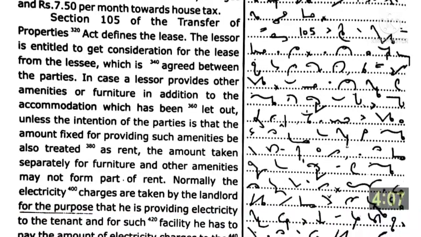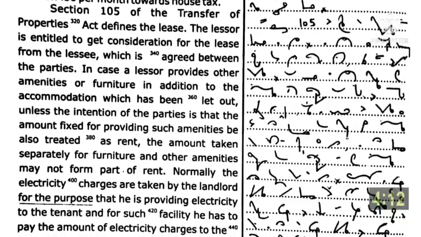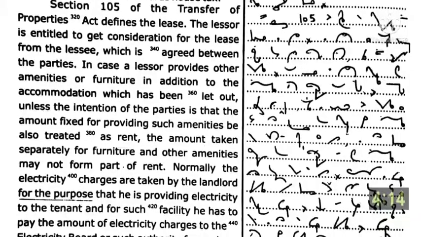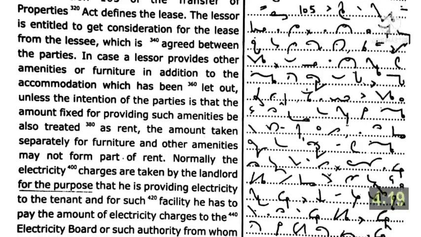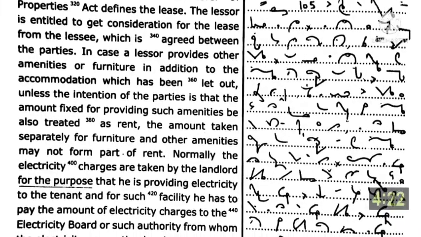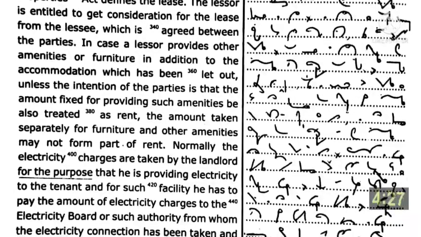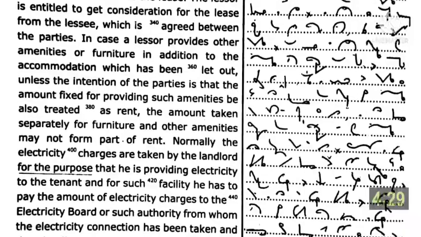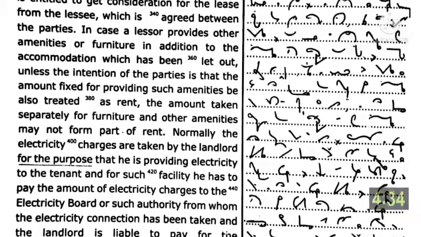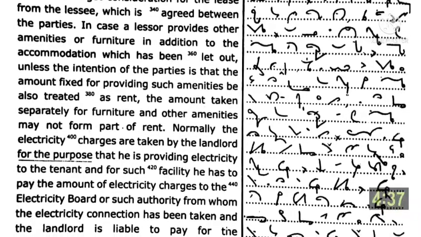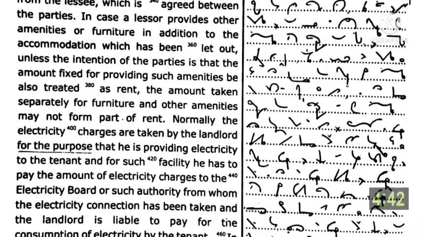In case a lessor provides other amenities or furniture in addition to the accommodation which has been let out, unless the intention of the parties is that the amount fixed for providing such amenities be also treated as rent, the amount taken separately for furniture and other amenities may not form part of rent.